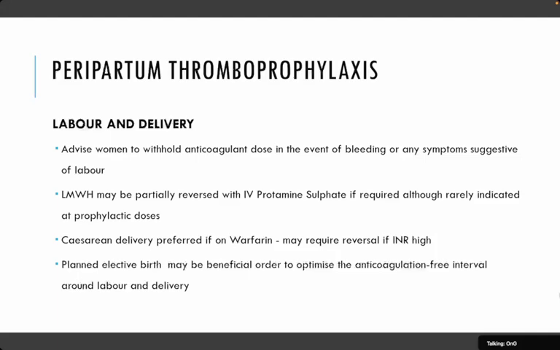If the patients are on warfarin and they're going to labor, cesarean delivery is preferred, and such patients may also need reversal if their INR is high. And although antenatal prophylaxis itself is not an indication for induction of labor, a planned elective birth may be beneficial in order to optimize the anticoagulation-free interval around labor and delivery.